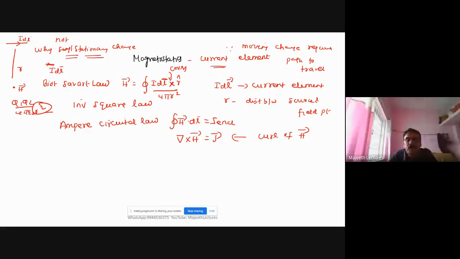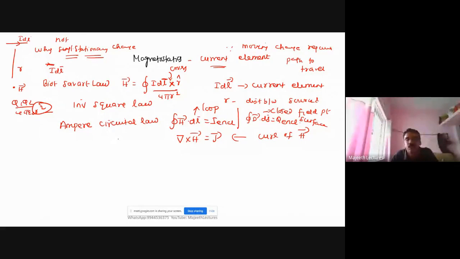In Gauss law we have studied closed integral of D dot ds equal to Q enclosed. Here it is I enclosed. That is the difference. Here it is a closed line, that is nothing but a loop, whereas there it is a closed surface. So the equivalent of Gauss law is Ampere circuit law, and the equivalent of Coulomb's law is the Biot-Savart law. That we have to know.